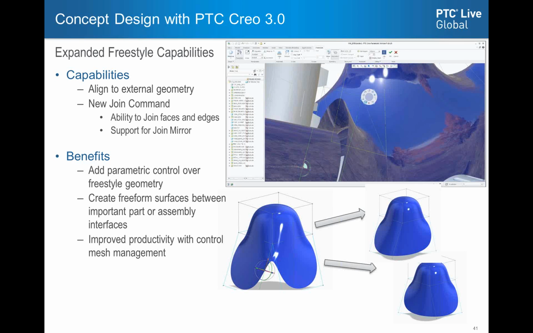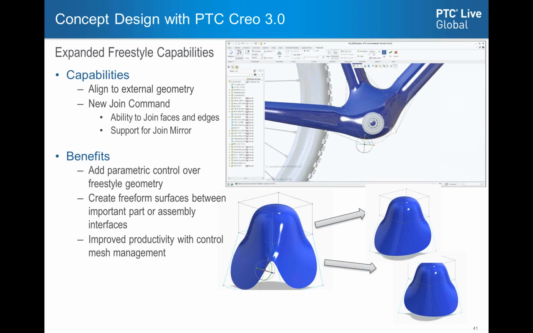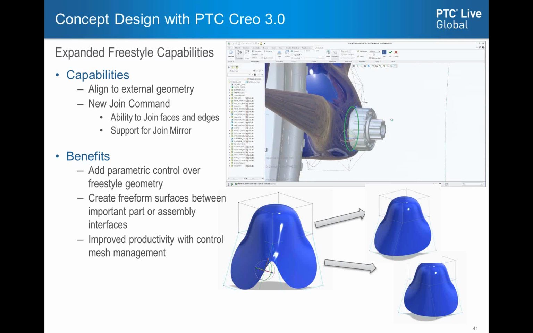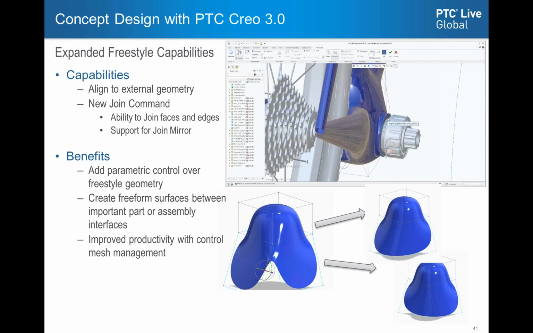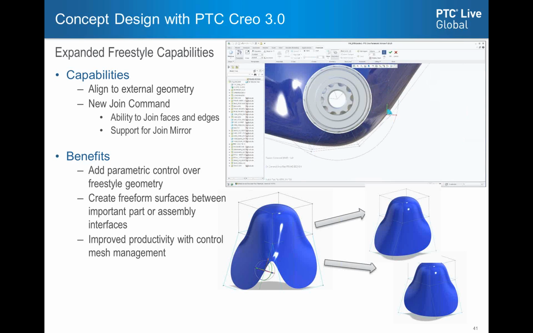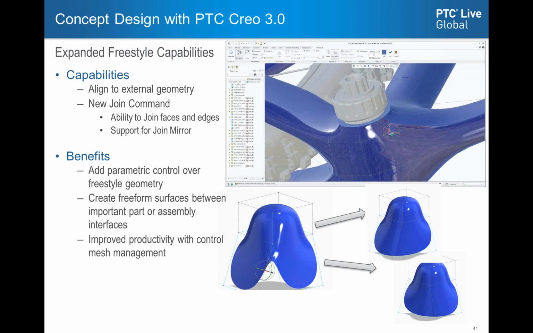So in this example here, I've got a bike frame. The bike frame is defined parametrically through a skeleton model, and I'm using Freestyle to build the complex geometry that goes between those spokes. I can align it to that parametric geometry. I can align it to be normal, positional, or tangent. Further manipulate my freestyle geometry to get the shape that I'm after.